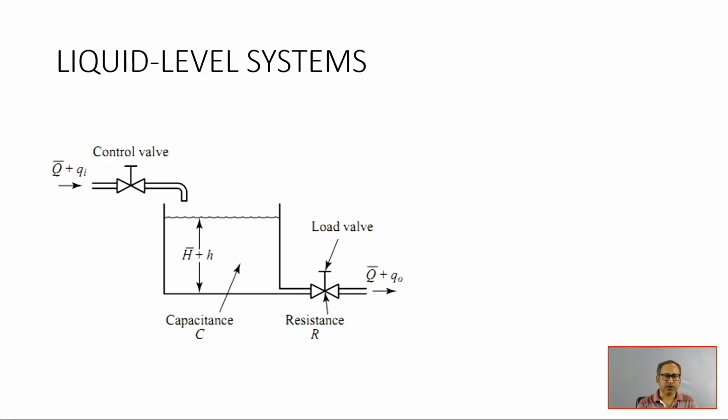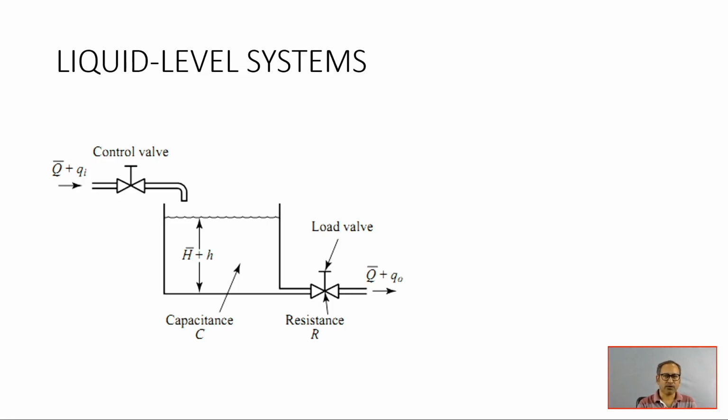In pneumatic systems the transmitting medium is air or gas, and in hydraulic systems the transmitting medium is oil, in engineering systems applicable to automation industries. The liquid level system which you can see here is applicable to process industries, where it has different applications.